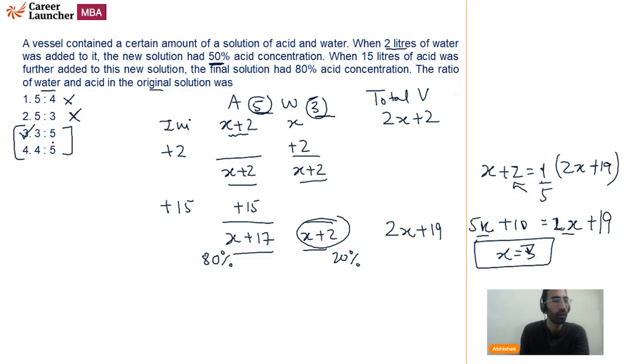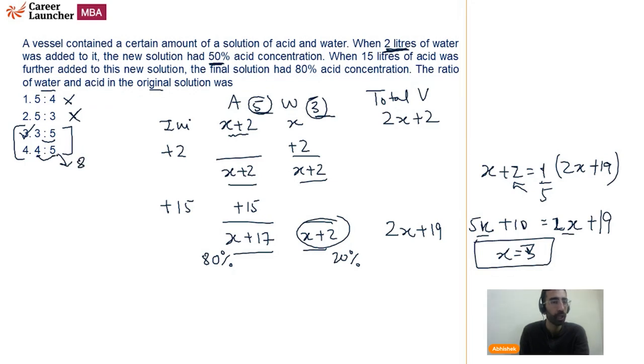You could have started from here. Create a difference of 2 liters. The difference between water and acid is 2. So 3 to 5 means the difference is already 2 between 3 parts and 5 parts. But if the ratio were 4 to 5, the difference here is 1 between 4 parts and 5 parts. You need 2, so multiply this by 2.